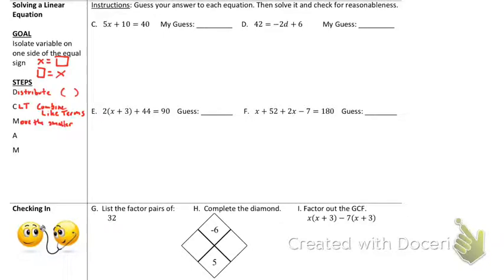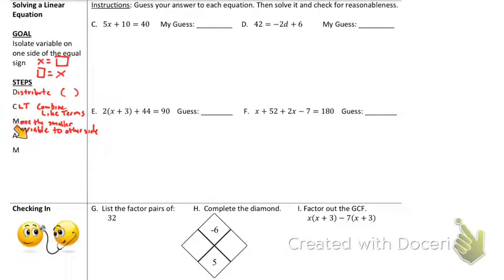Keep in mind, when you move the smaller variable to the other side, you do the opposite operation. If it's positive x, you make it negative x, subtract it to the other side, and vice versa. If it's negative x, you make it positive x.